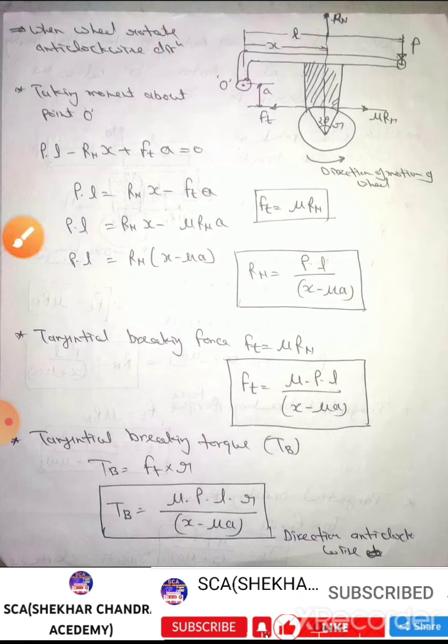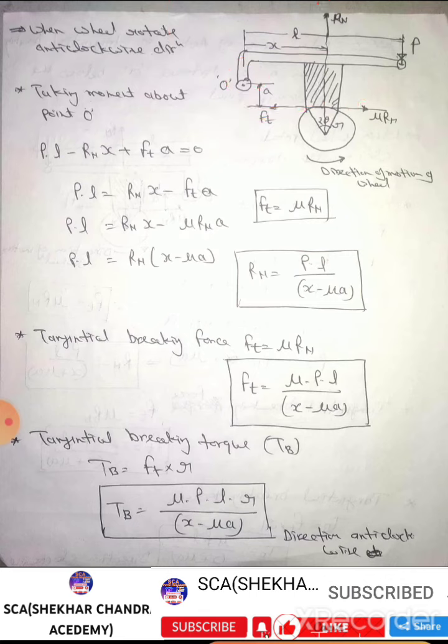And the next couple is Ft. Ft is in the left side direction and the vertical distance is A. It makes a clockwise couple about point O. So we assumed clockwise couple in positive sense.